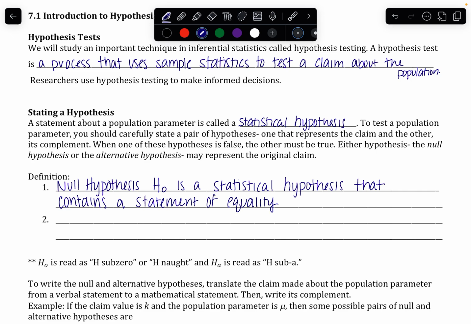That statement of equality could be an equal sign, it could be greater than or equal to, or it can be less than or equal to.